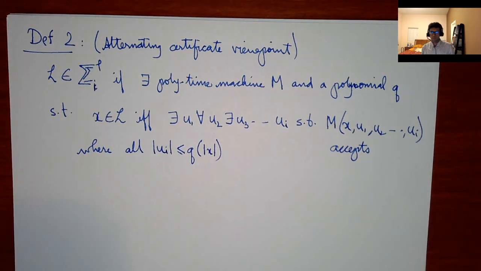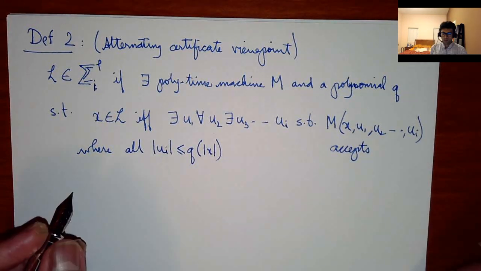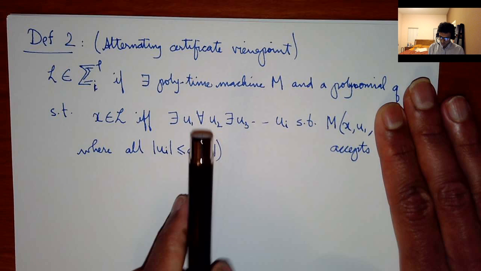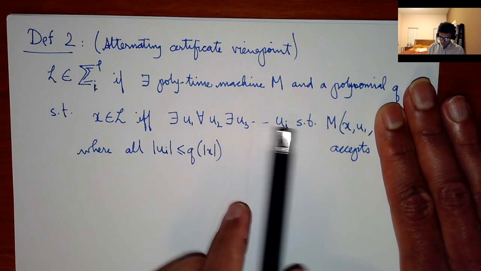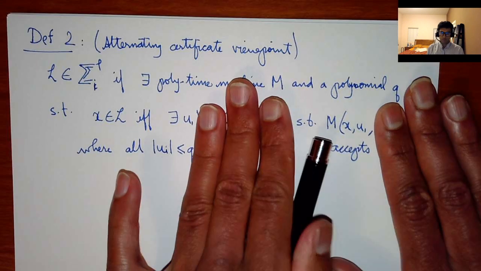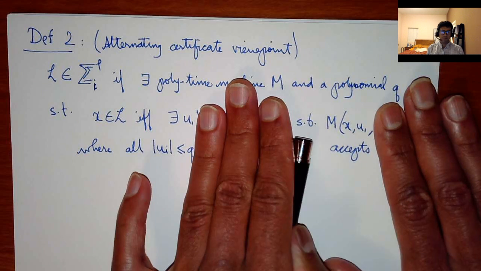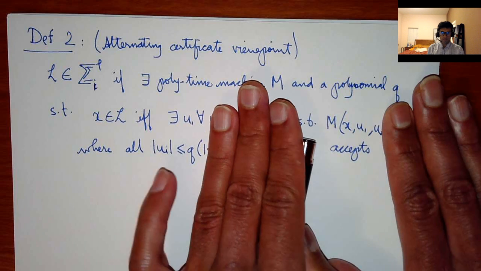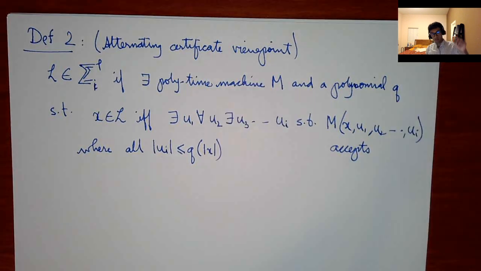So if you only have I being 1, then this is exactly NP. If you removed all of this, that's NP. You put 2 of them, you get sigma 2. So it means that there exists something such that for all U2, U3, U4, and so on and so forth.